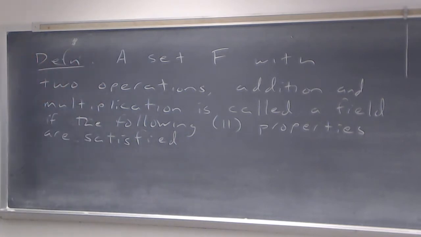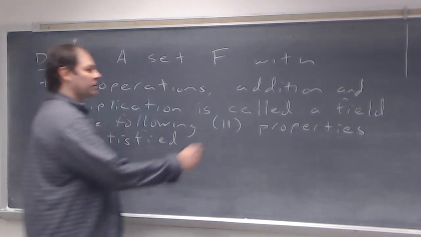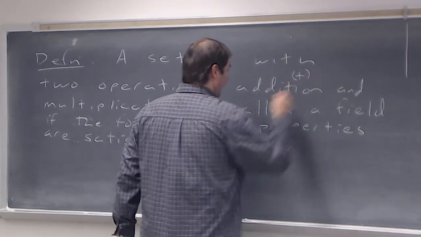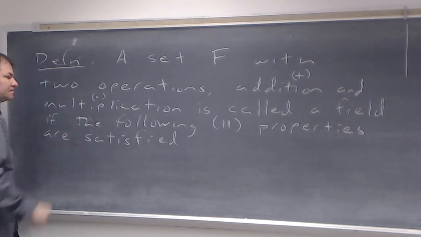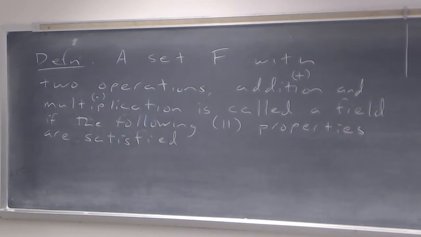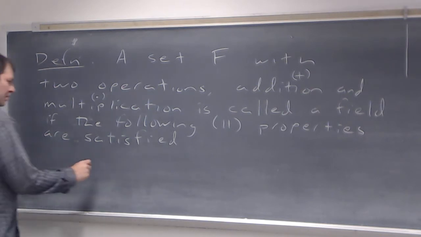Before I write down the 11 properties, the addition is going to be denoted by a plus, and the multiplication is going to be denoted by a dot, or sometimes I'll just put parentheses between elements. So here's the first property.